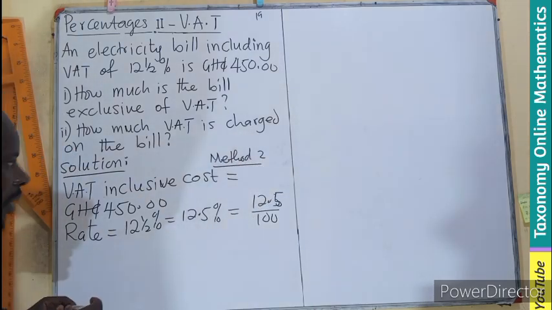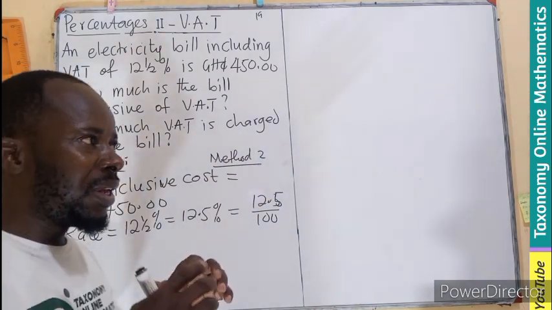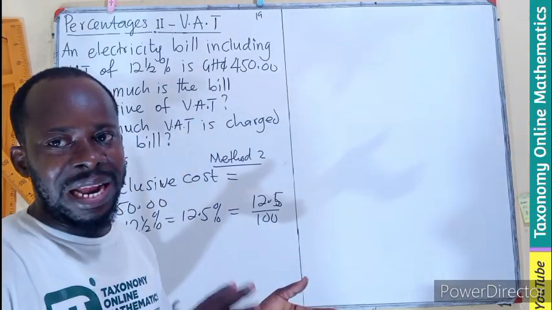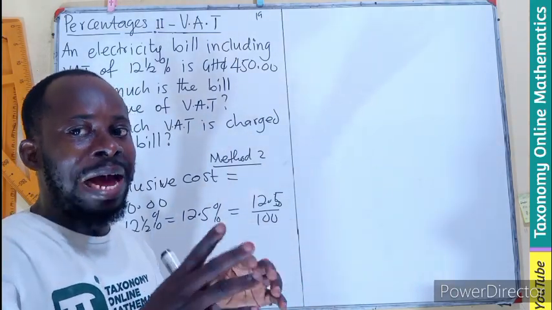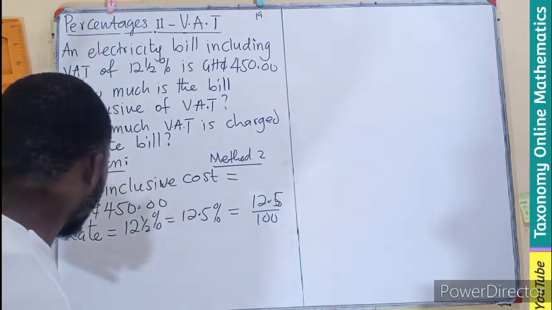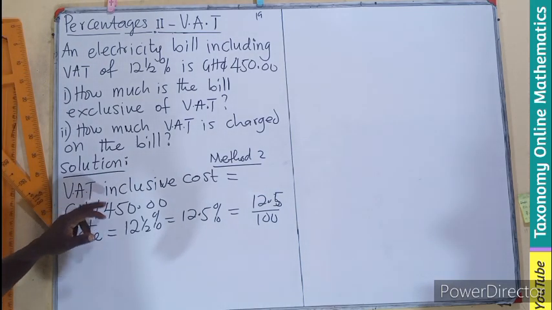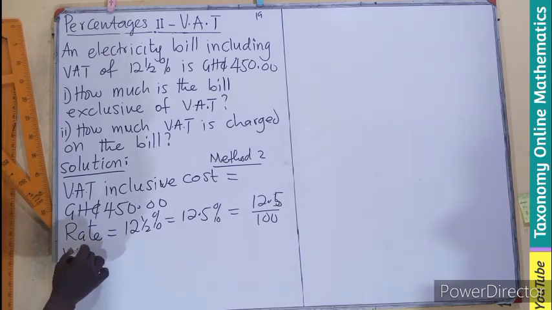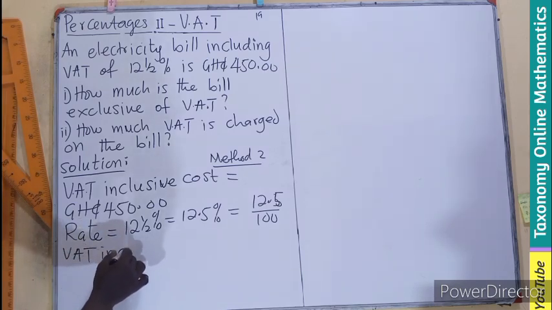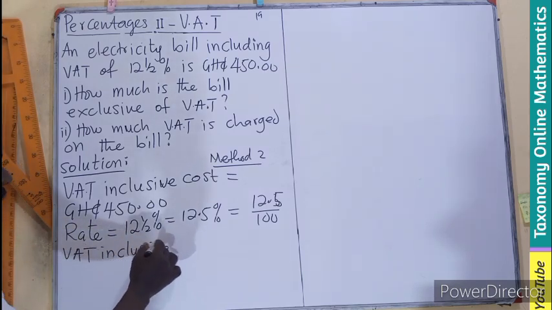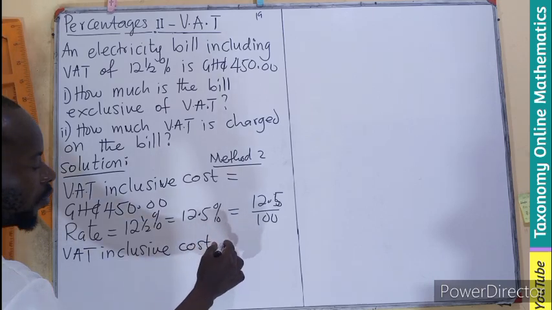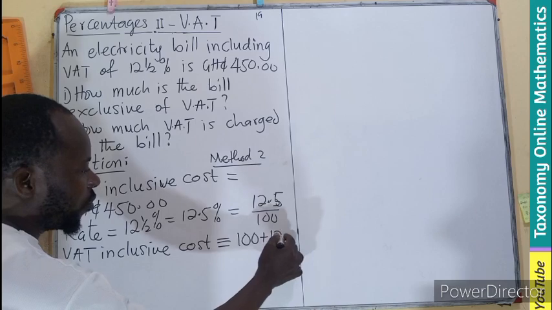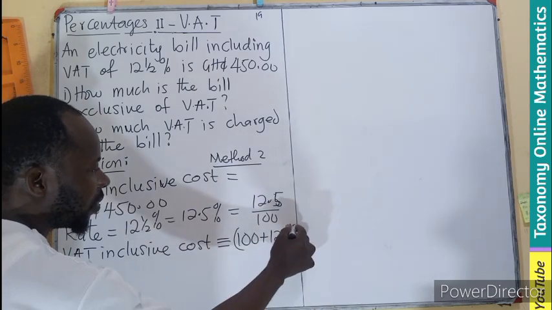Method 2. Remember that if we are having inclusive, it means there is a VAT component, the rate component added. From the first episode, we use R to represent that. So I can say that the VAT inclusive cost is going to be equivalent to the 100 plus the 12.5%.